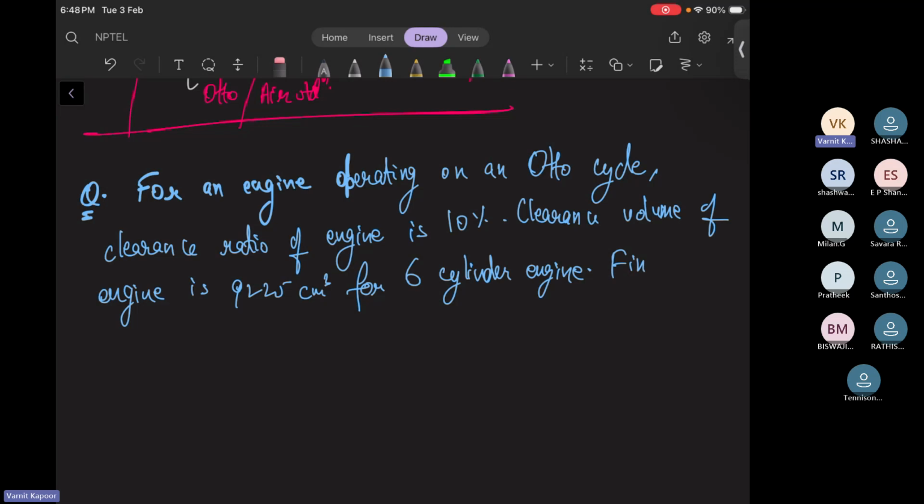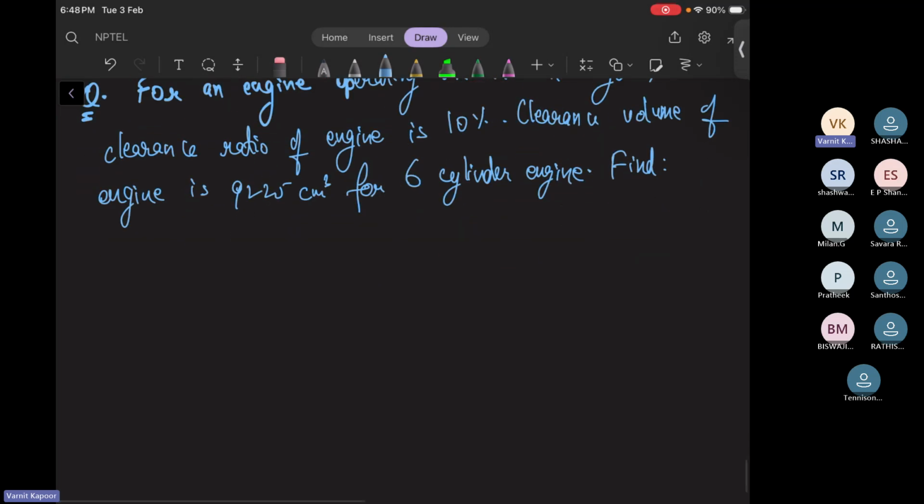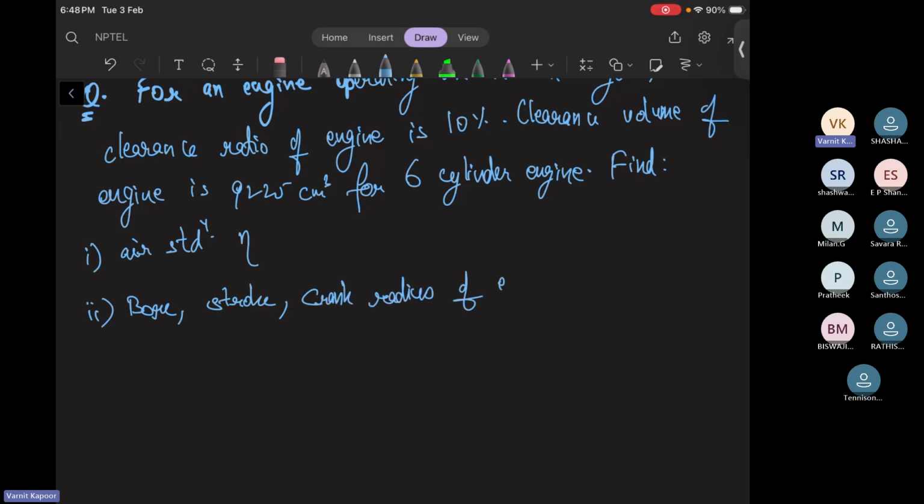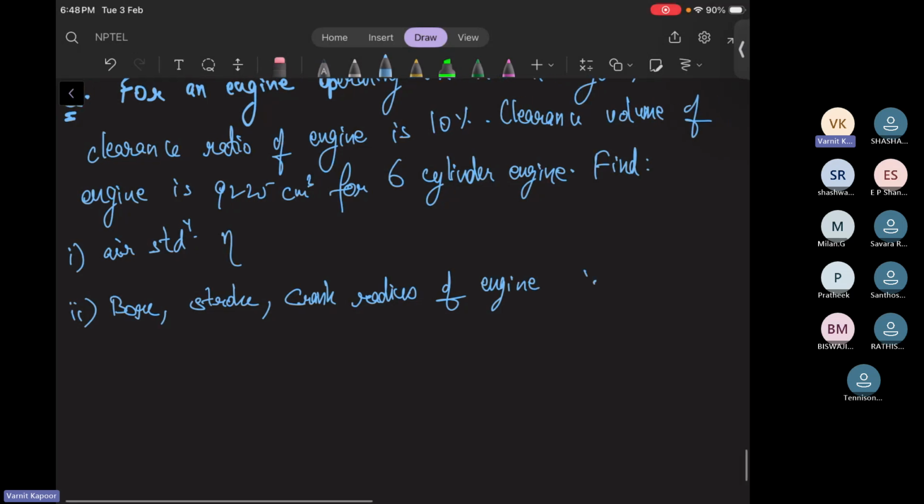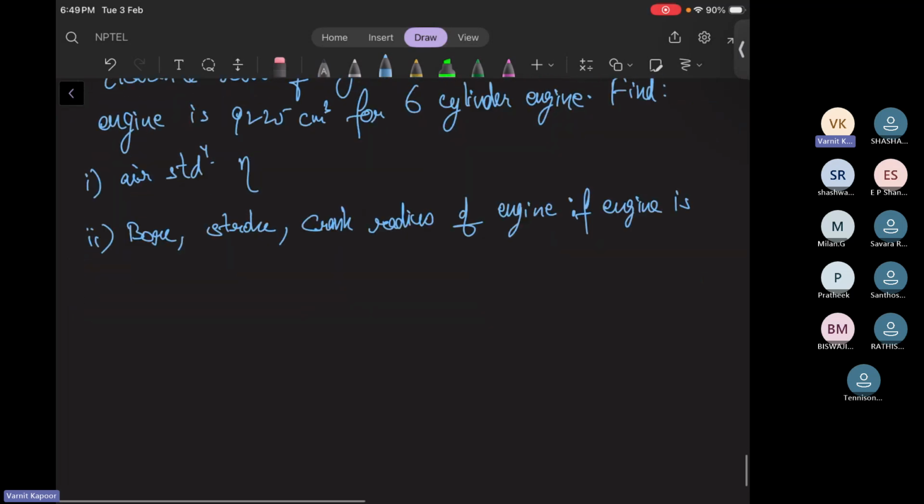You need to find, first, air standard efficiency; second, bore, stroke, and crank radius of the engine if the engine has an over square ratio of 1.75.